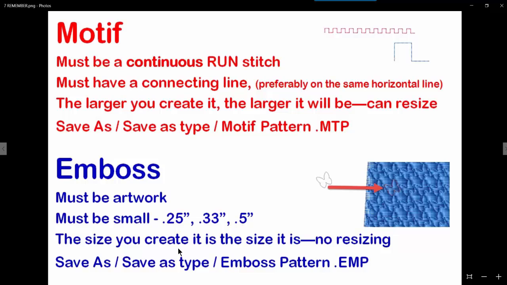The size we create the embossed pattern is the size of the embossed pattern. So do remember, what you created will be the size that it comes in. There is no resizing ability for our embossed pattern once it is applied. Finally, when you save it, it is saved as an embossed pattern, and that extension is an EMP.